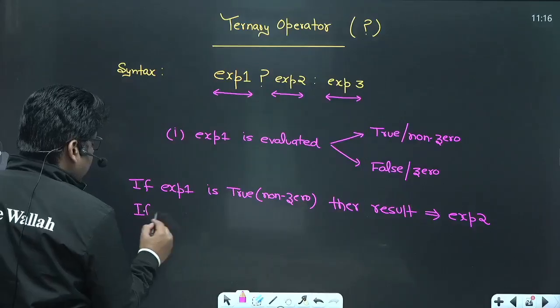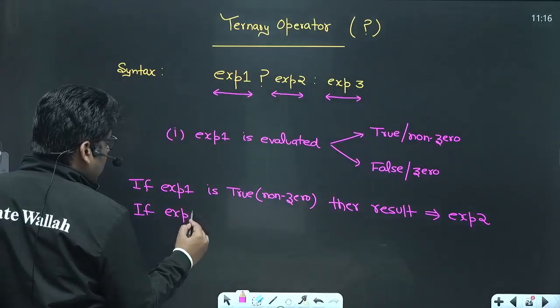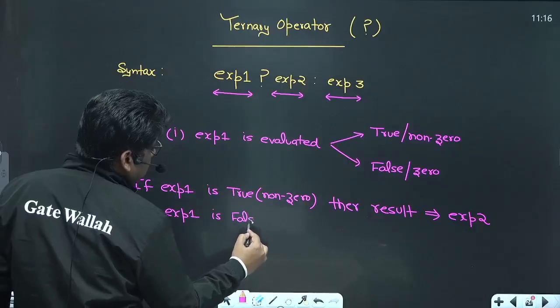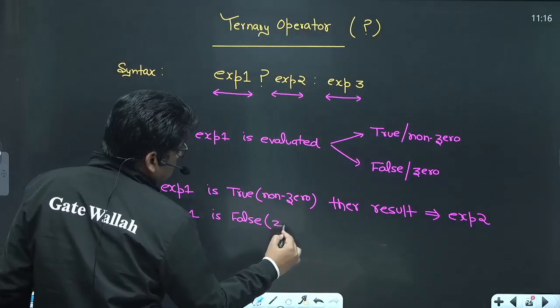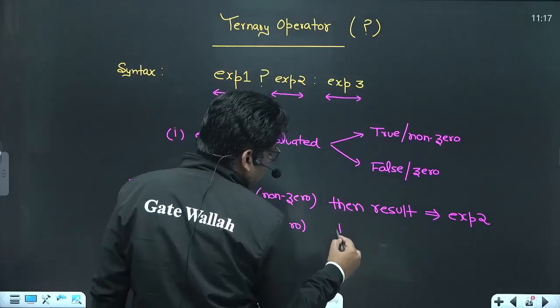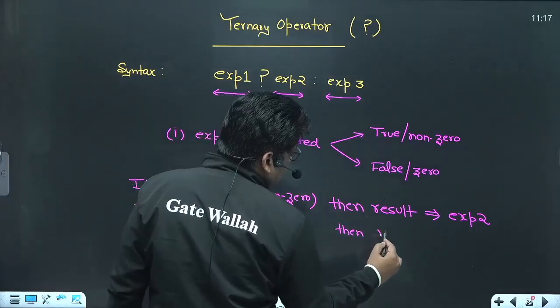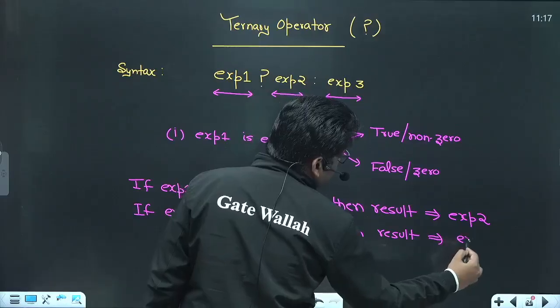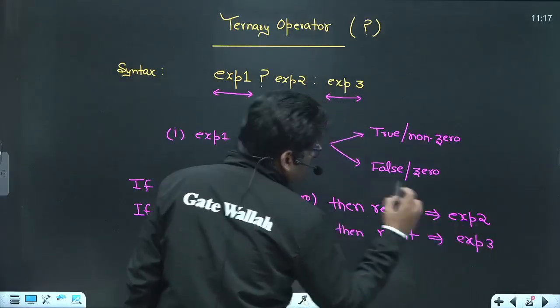If expression 1 evaluates to false or 0, then the result or value of this entire expression becomes equal to expression 3.